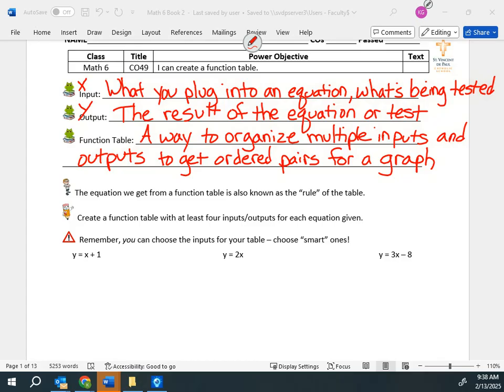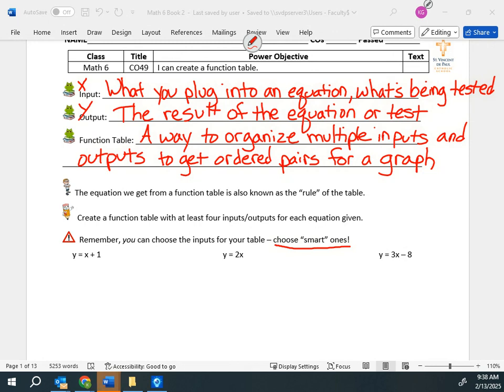We're going to create a function table with at least 4 inputs and outputs for each equation given. And remember, we are going to be able to choose our input, the number that we put into the equation. So we're going to choose smart ones. I'm going to show you what that means.